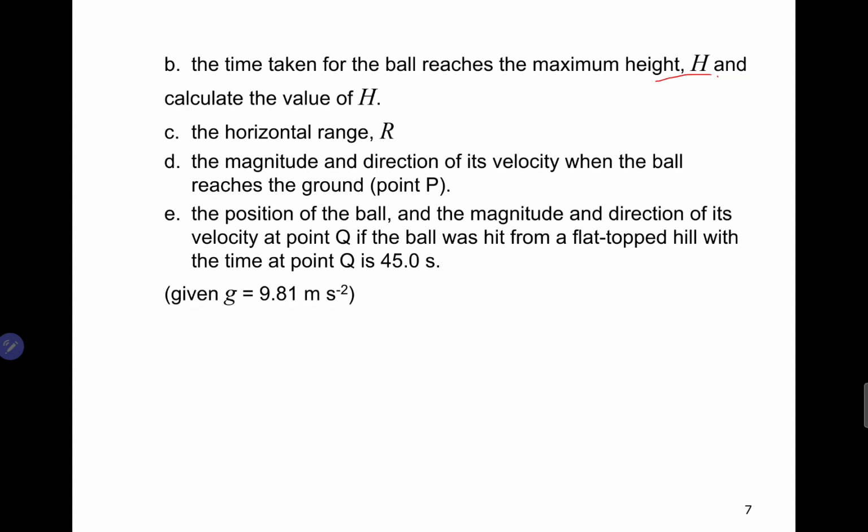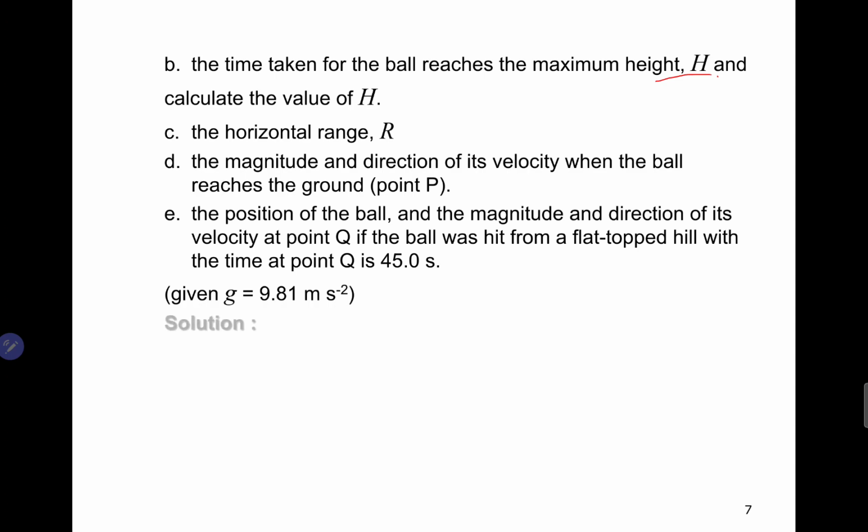D, magnitude and direction of the velocity when the ball reaches the ground at point P. And then E will be the position of the ball and magnitude and direction of the velocity at point Q, if the ball was hit from a flat topped hill, with the time at point Q being 45 seconds. This means the ball is traveling further.